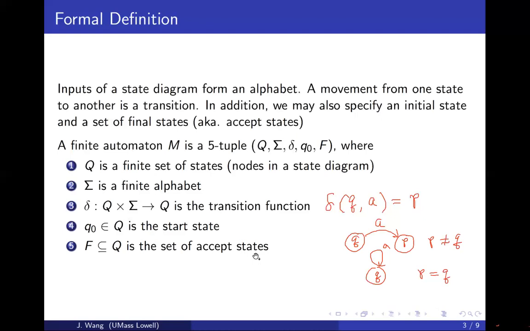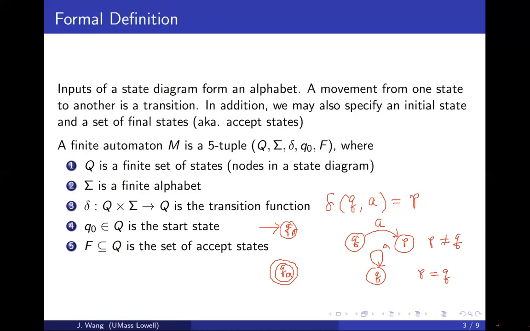We normally use the following notation, an arrow into Q0 to indicate it is an initial state, so this is at the beginning. And for the final state, we use a double circle. Let's say this is a final state or accept state.